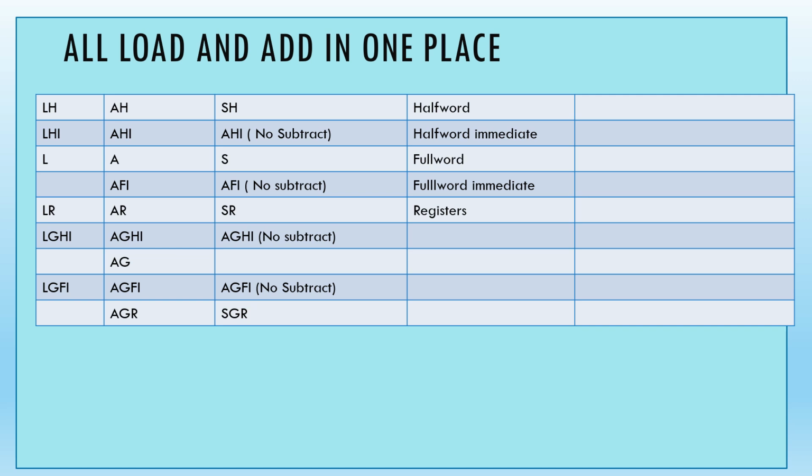AGR, SGR are similar to AR and SR, again 64-bit operations. So the last 4 lines you will see only in programs after about 2000, when the 64-bit architecture got implemented. Most of the programs you deal with today always have the instructions in the first 5 or 6 lines, because most of this code was written in the earlier days, like the 60s, 70s, and 80s.